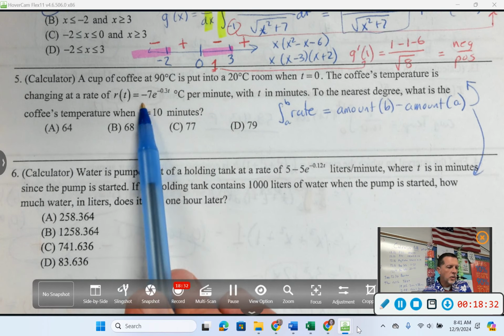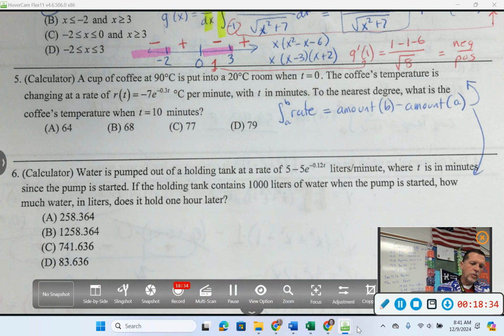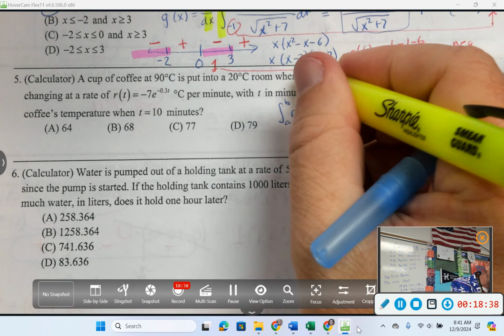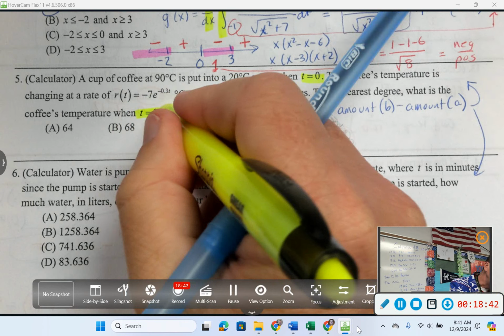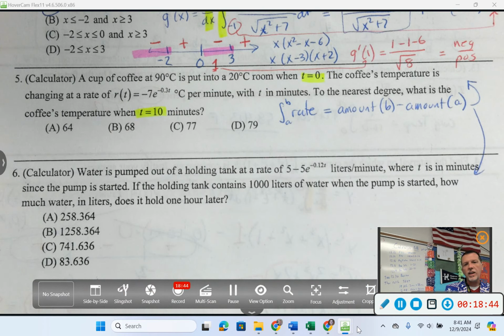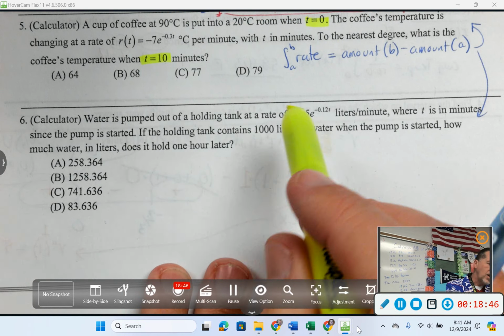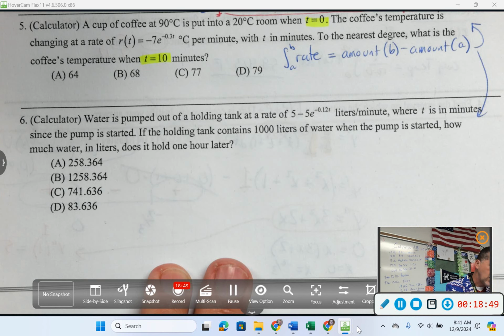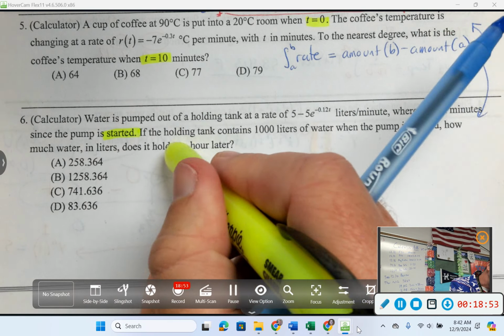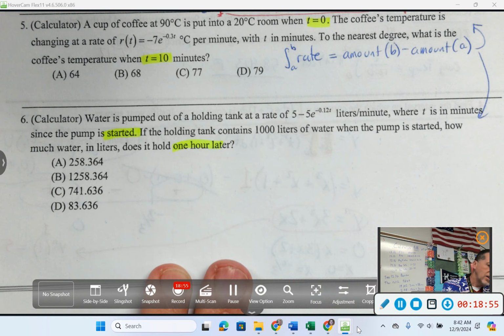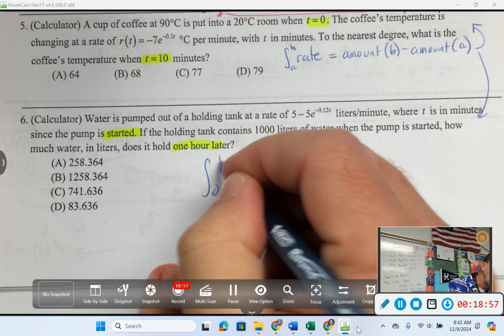You would integrate the rate, and it's sort of like the very first one: t equals 0, t equals 10, so you'd probably go 0 to 10. On number 6, integrate the rate. Pump is started, so that's t equals 0. 1 hour later, so you're going to go 0 to 1.